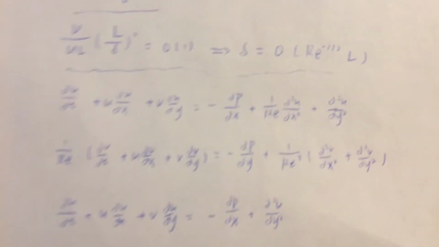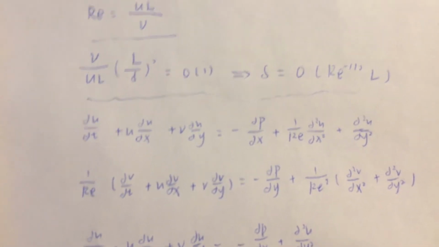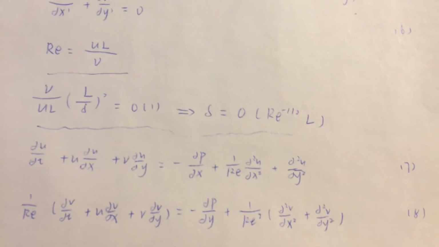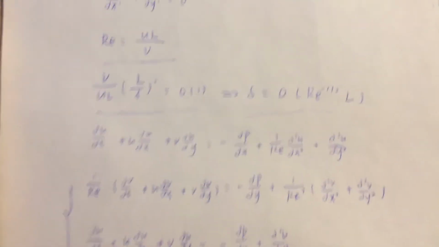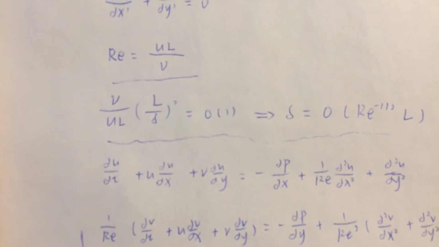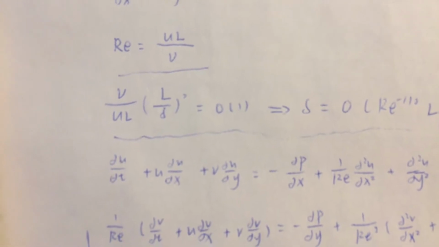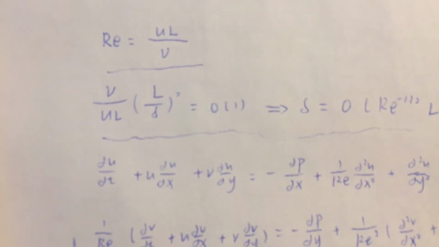Then the Reynolds number can be taken into the non-dimensional governing equations, and from equations 7 to 8 we have these two. When the Reynolds number tends to infinity, or the kinematic viscosity tends to 0, the pressure is constant across the boundary layer.